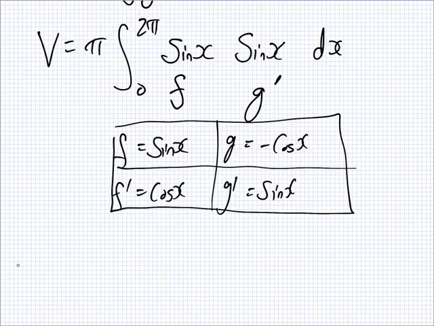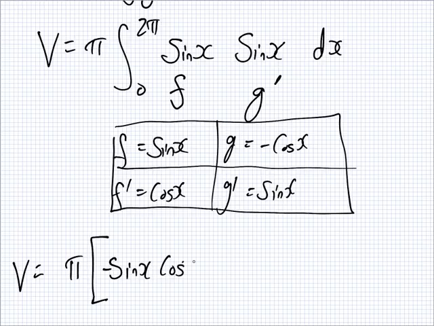Okay, so our formula says this will equal pi f g minus integrate f derivative times g. And there's another minus there as well.